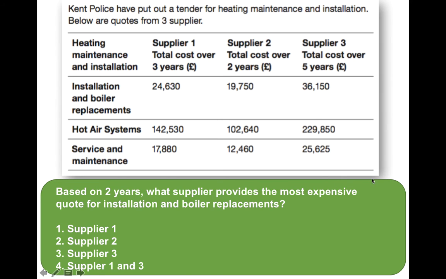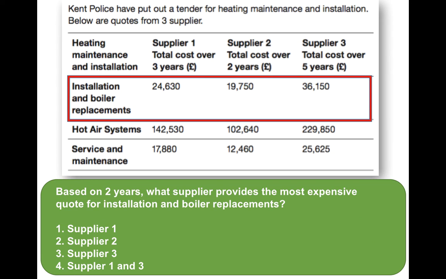The 4 options are either Supplier 1, Supplier 2, Supplier 3 or Supplier 1 and 2. That's the area that we're concentrating on. I've highlighted it in red for you. Based on 2 years, what supplier provides the most expensive quote for installation and boiler replacement?